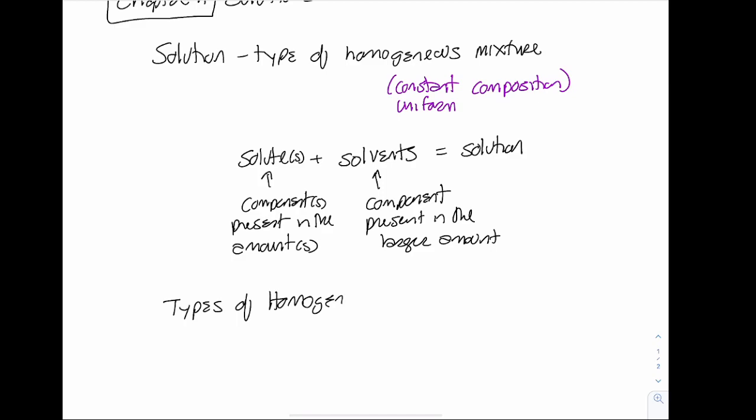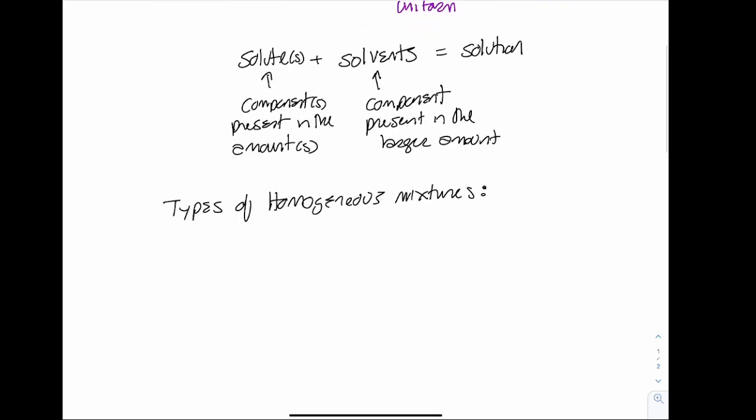Solutions are the focus of this chapter, but I do want to mention two other types. So, solution. And then I'm going to have a colloid and a suspension, which I will write down in a minute.